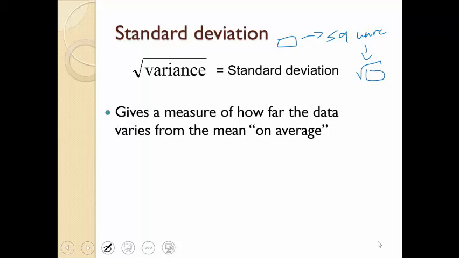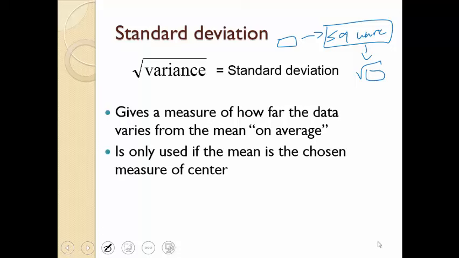So that's where you're getting how much your data is varying from the mean on average. We square it to make it all positive, find the average, and then take the square root to get back to the right units. You guys are never going to have to do that by hand, just as a heads up. I just wanted you to see where it's coming from, right?